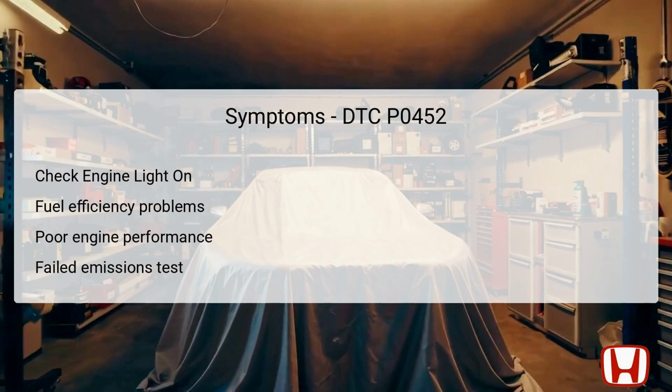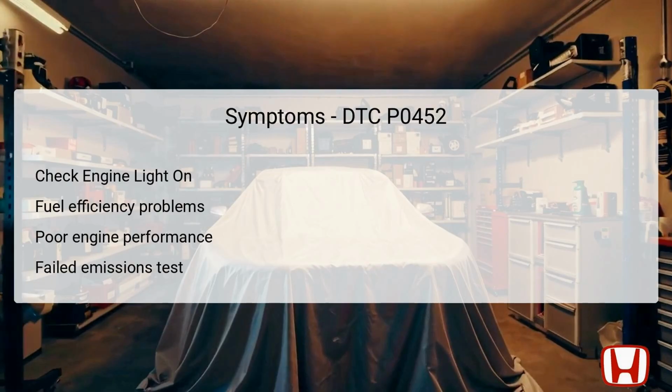Some common symptoms associated with DTC P0452 include the activation of the check engine light, CEL, alerting the driver to a potential issue. Additionally, there may be noticeable fuel efficiency problems, meaning the vehicle may consume more fuel than normal, which could impact overall driving costs.